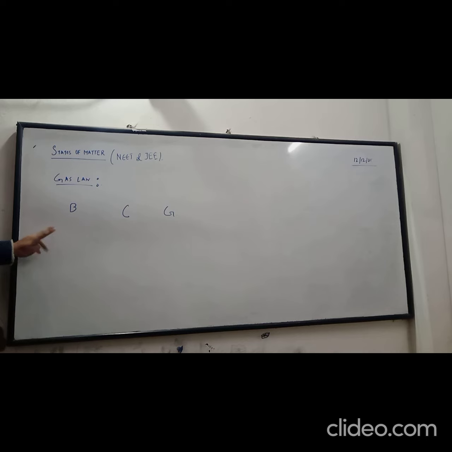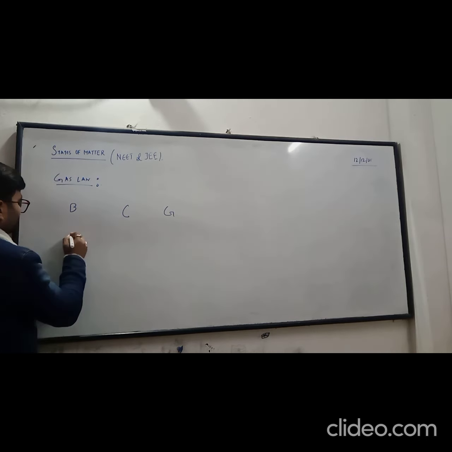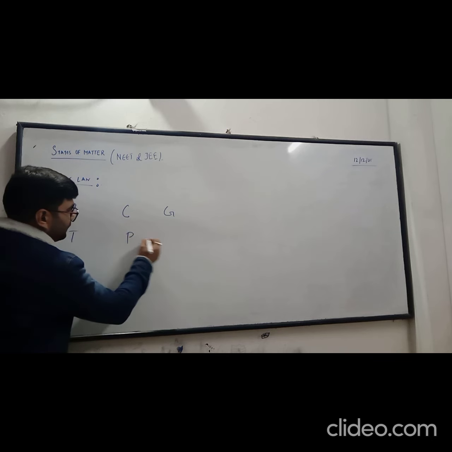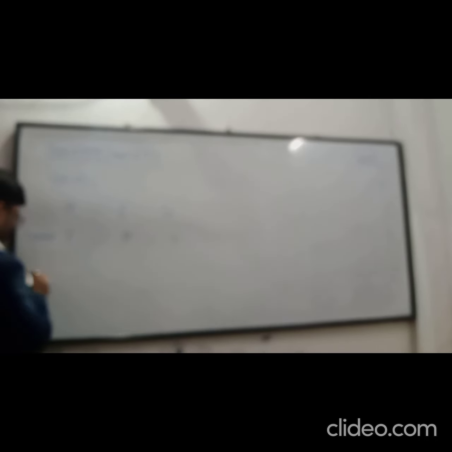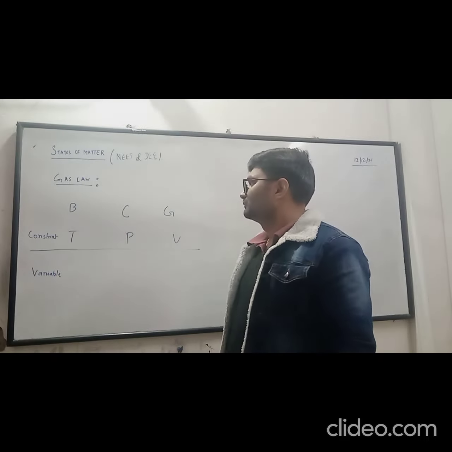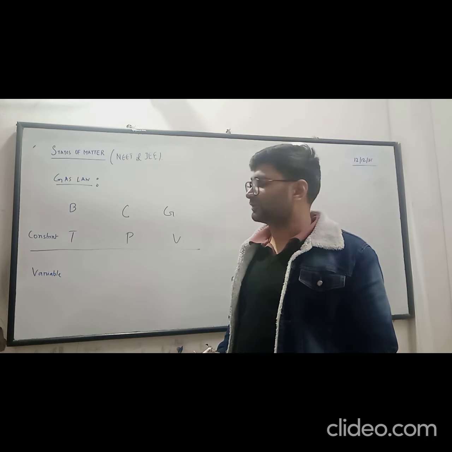In examination, if you remember this B, C, G, where T, P, V are constant, and the rest is the variable. So here we have started the gas laws from the chapter States of Matter in chemistry.